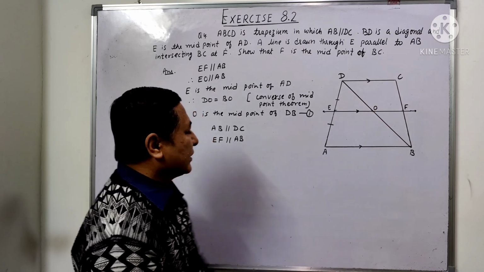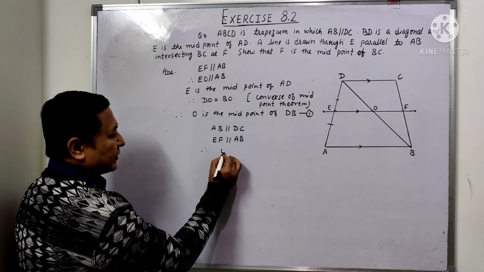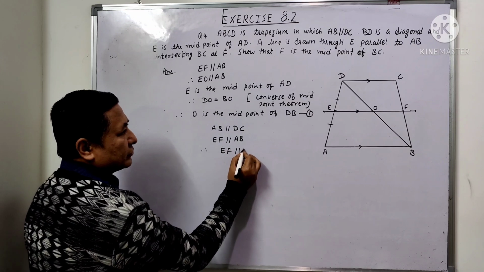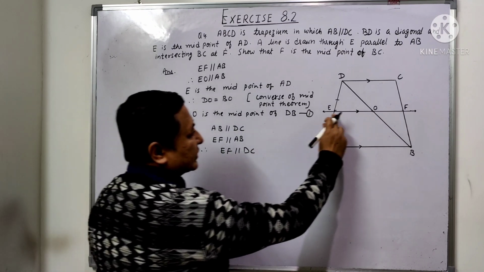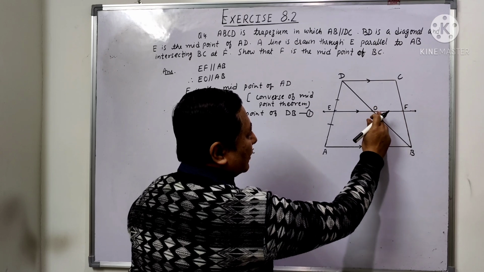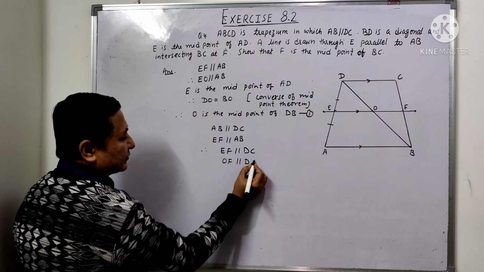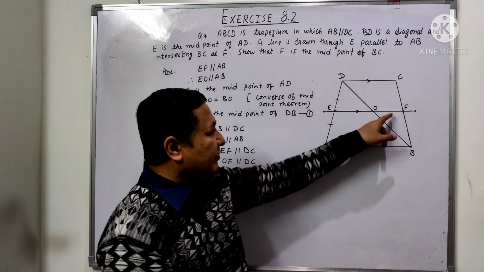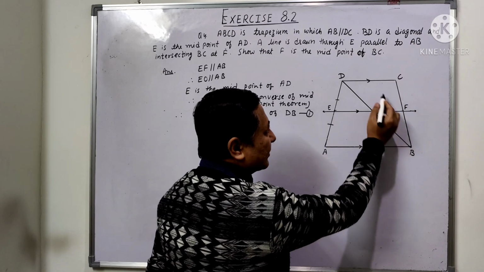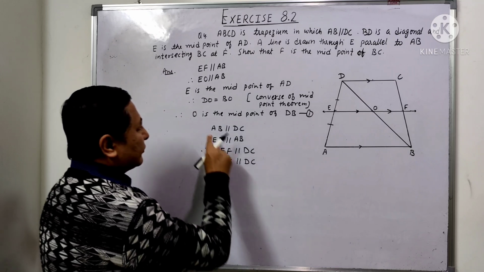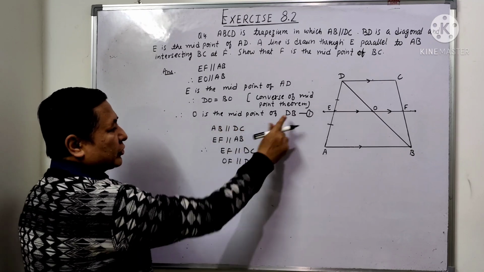So we can say that therefore EF will be parallel to DC. So a part of a parallel line, that is OF, will also be parallel to DC. Now this OF is parallel to DC and we have already proved that O is the midpoint of DB.